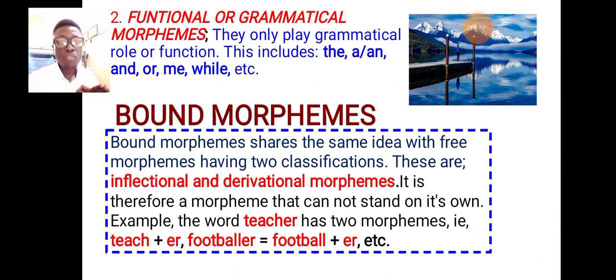But the bound morpheme depends on the free morpheme or any other word to create such meaning. Okay, so let's see. We are saying that bound morphemes are dependent. They depend on free morphemes to get their meaning.